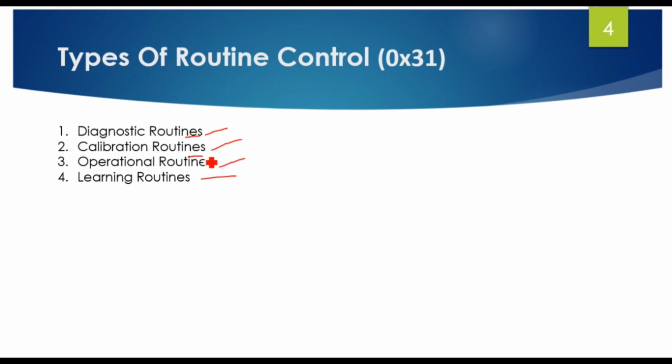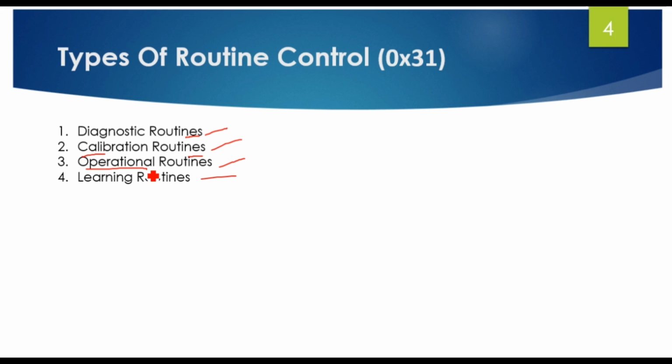Then calibration routines align sensors or actuators to a baseline value. Okay, calibration means aligning sensors or actuators to baseline values. The best example of calibration is TPMS tire pressure, or calibrating the throttle body position sensor after repair or replacement.